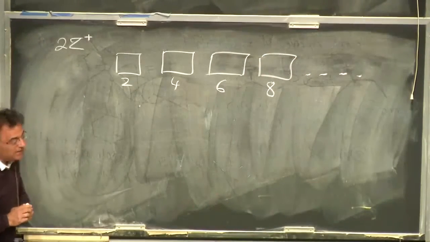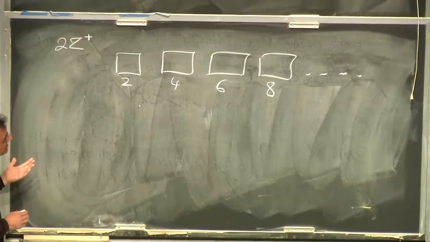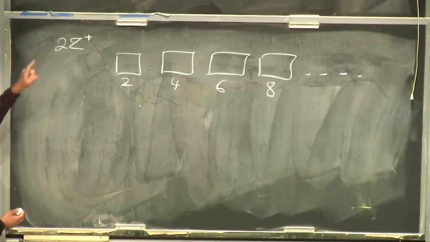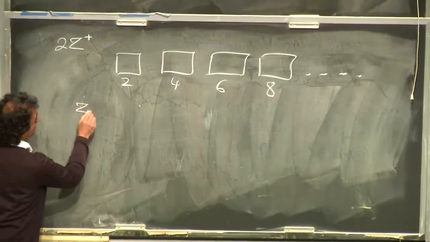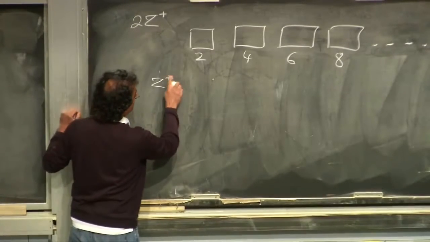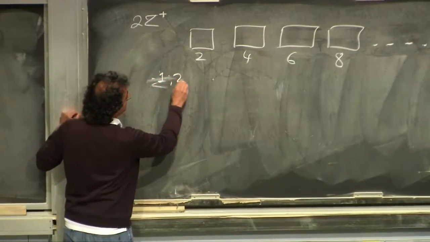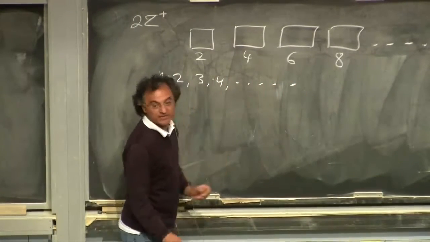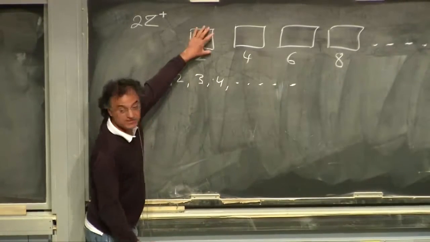But now the claim is that if you have people number 1, 2, 3, 4, and so on, all of these people show up, you can accommodate them all into these rooms.